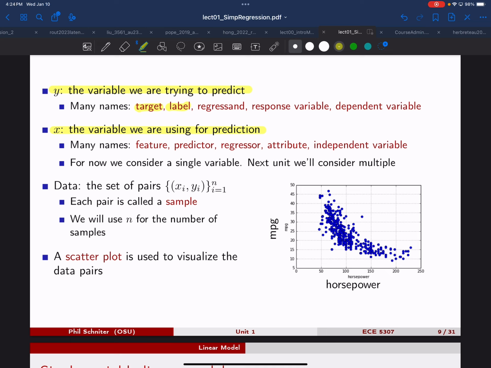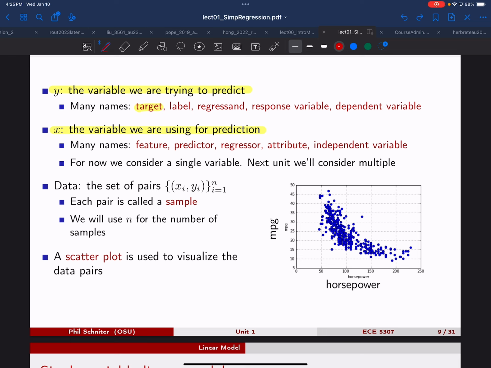But for now, a target. Other people, like statisticians, might use other names like the regressand, the response variable, or the dependent variable, which are a little strange if you haven't taken stats courses, but it's important to know these names are out there in case you run into them.